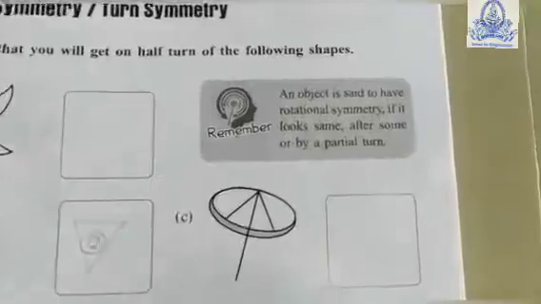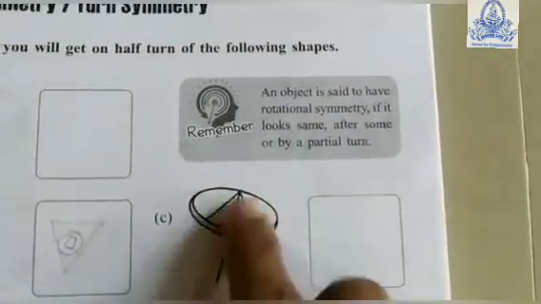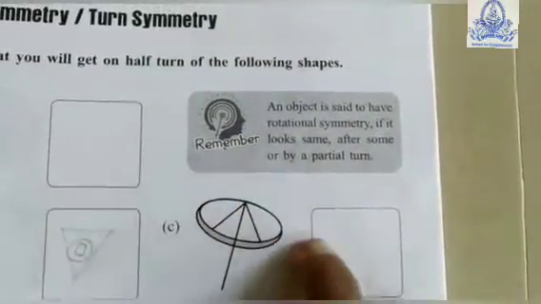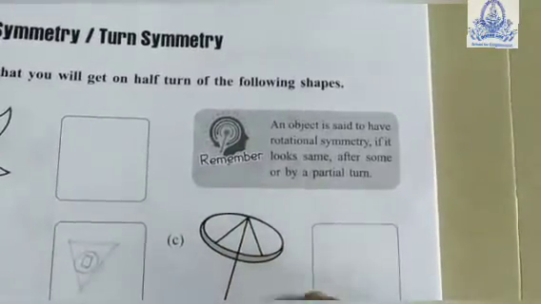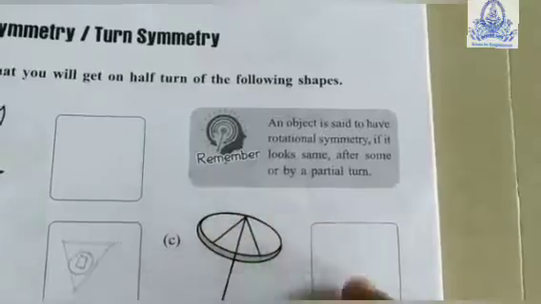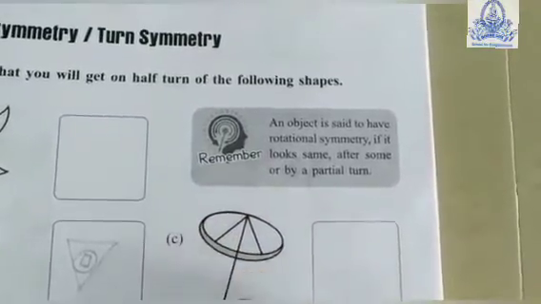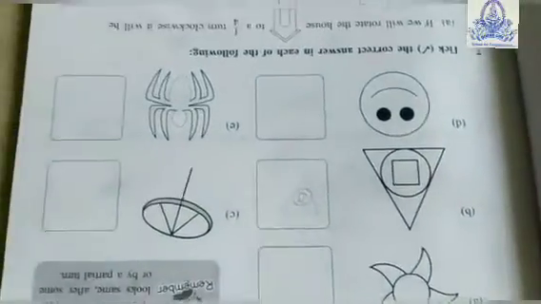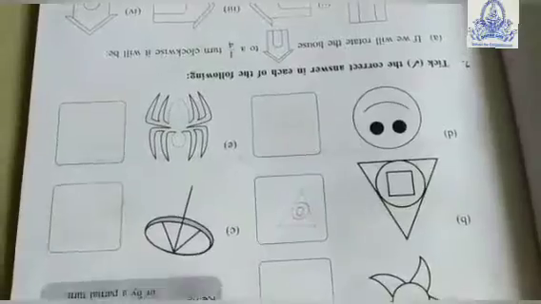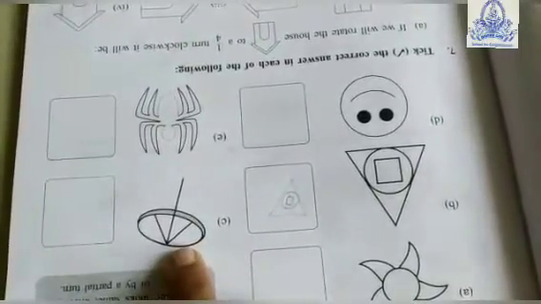For this line or arrow, it will go down, and this circle, which is showing upward, will go down when I make a half turn. See, I am rotating the book. So the figure will look like this.